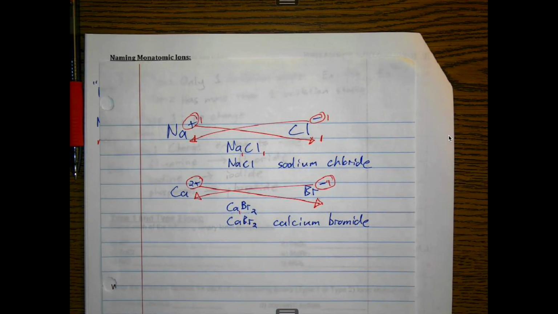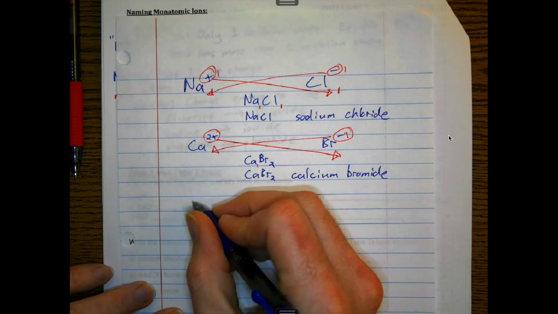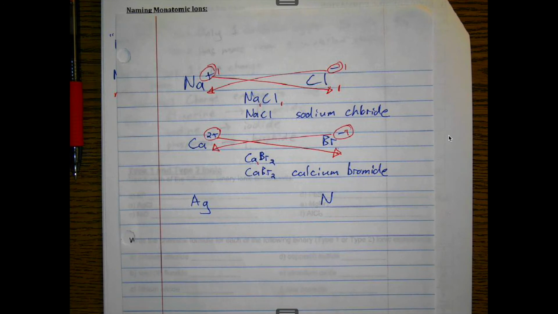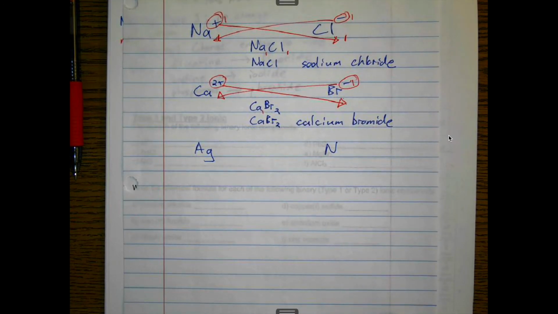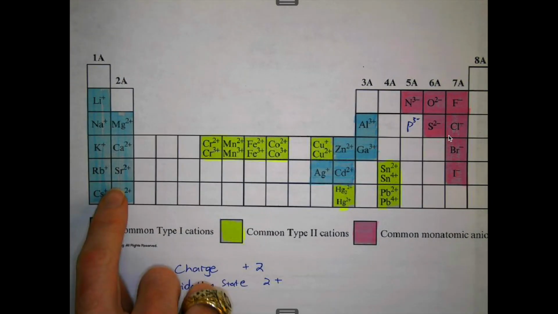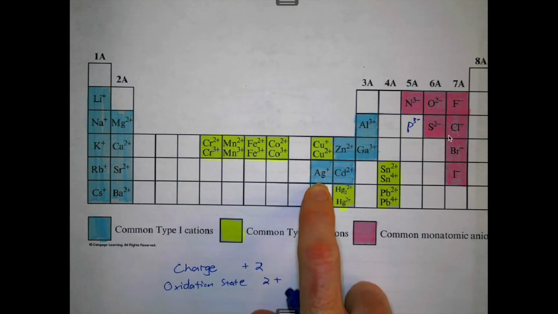Let's try one more just for fun. Let's look at this guy, Ag. Ag is not on the left side, but Ag is silver. Silver is a transition metal. However, it is still a type 1 cation.